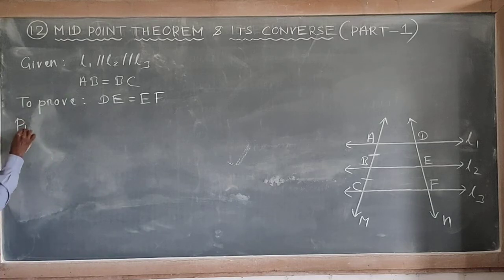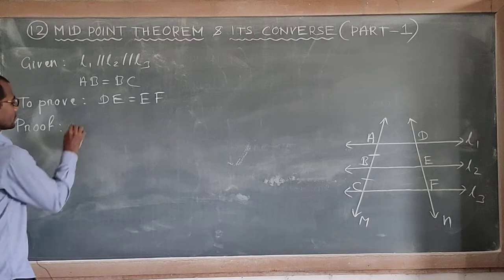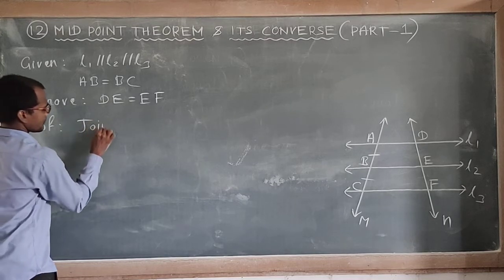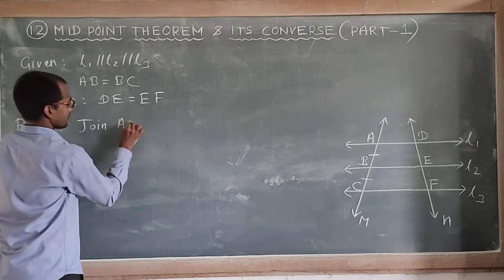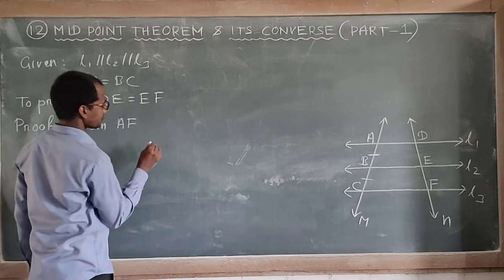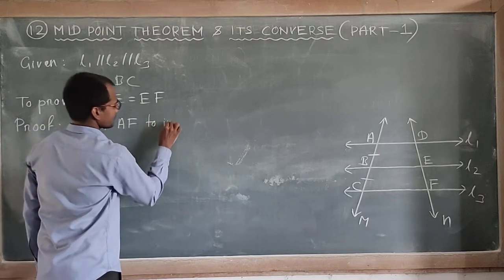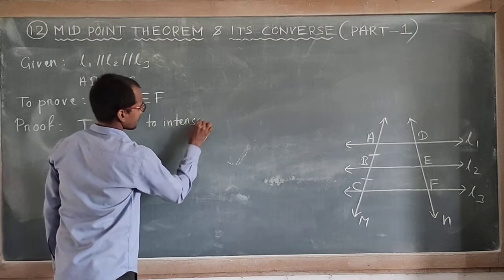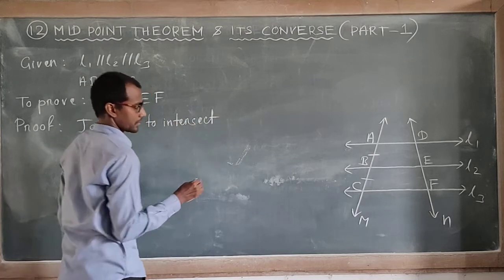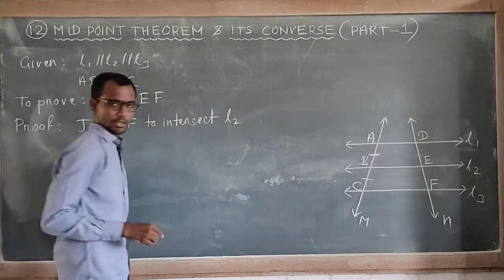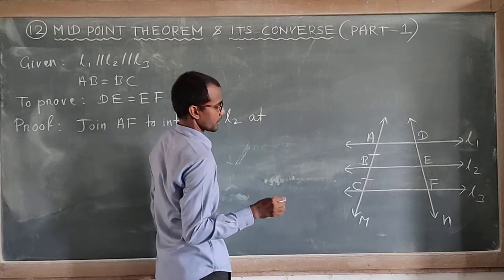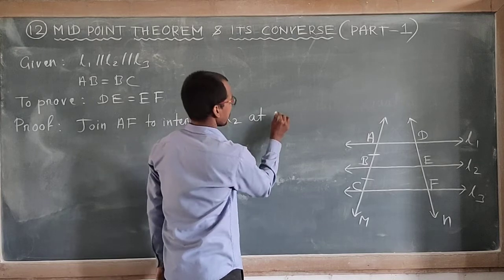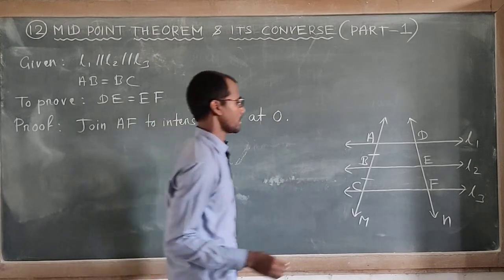Now let us go to the proof. We need construction here. Join AF to intersect line L2 at suppose point O. So let us join AF.